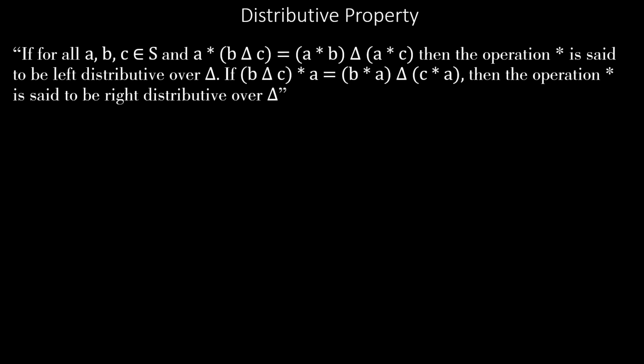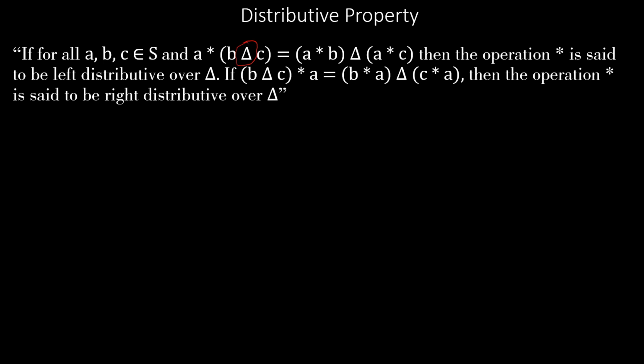Sometimes there will be need to consider two different operations on a set. In distributive law, if for all A, B, C element of S and A asterisk B, we have another operation here. For the sake of this tutorial, I'm going to be calling this triangle.